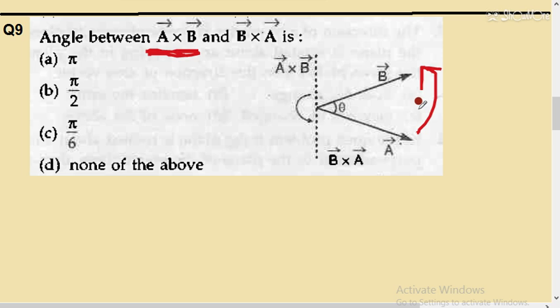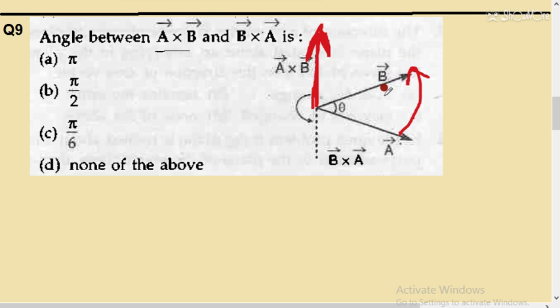So A vector and B vector are lying in this horizontal plane, and A cross B is giving me the direction upward. Both are lying in the horizontal plane.